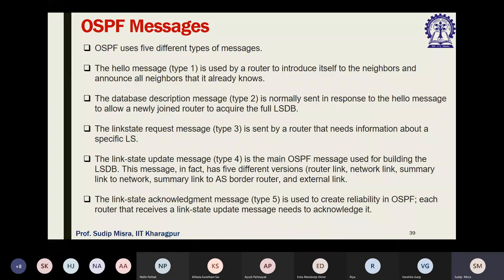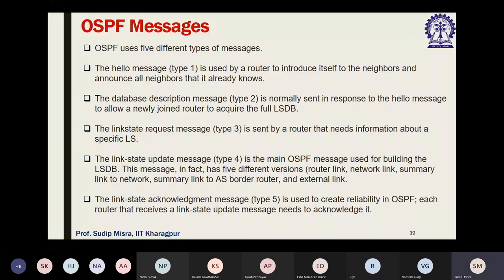So OSPF messages: basically 5 types of messages are used in OSPF. Type 1, type 2, type 3, type 4, and type 5. Type 1 is a hello message, like the one that I was telling you earlier. These hello messages are used by the router to introduce itself to the neighbors.